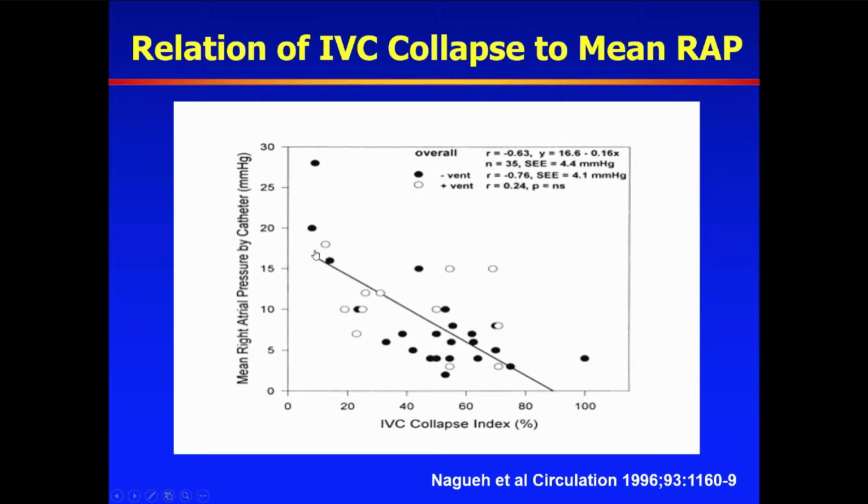On the other hand, when you look at patients on a mechanical ventilator, these are the open circles, there is no relation between the IVC collapse index and mean right atrial pressure. The take-home message from this slide is if you have a patient who is on mechanical ventilation, the collapse index is not particularly useful.